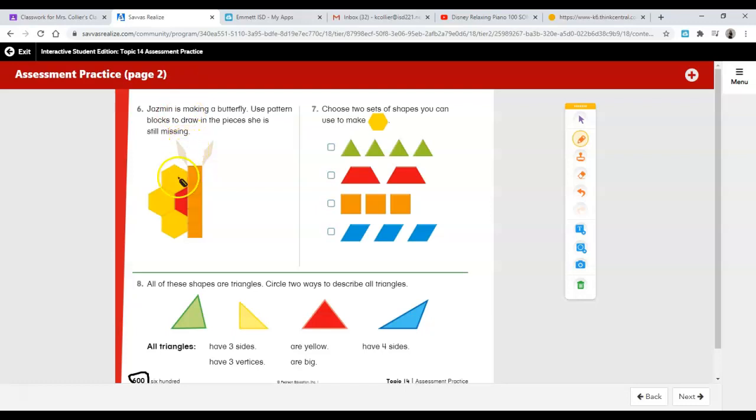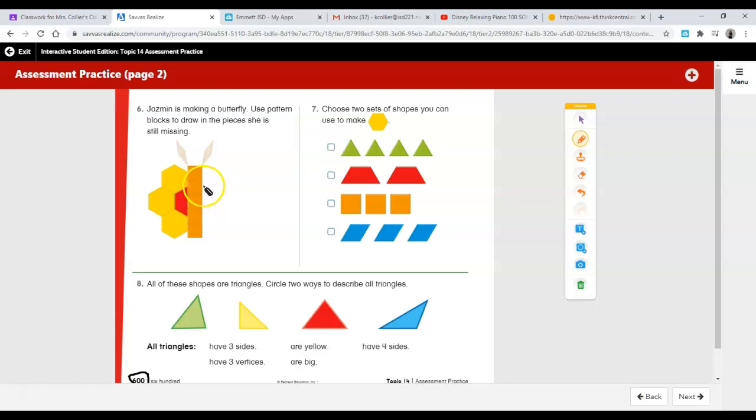So we know at home we do not have these blocks, but I'm going to give you a hint. So how these blocks look on this side, how we have 3 hexagons and 1 trapezoid, that's exactly on this side as well. So I just want you to draw with your pencil the best that you can without using pattern blocks.